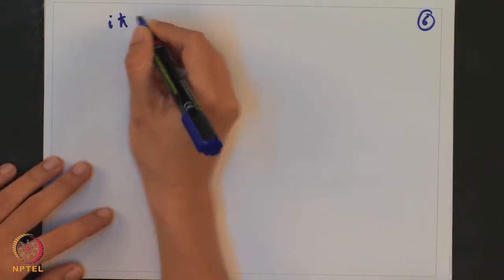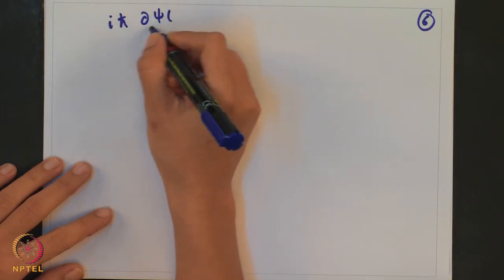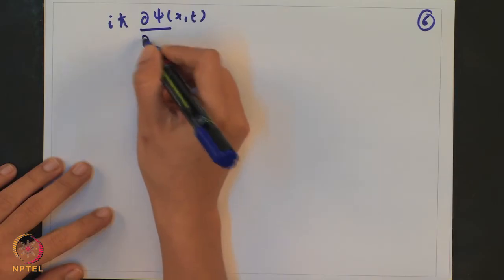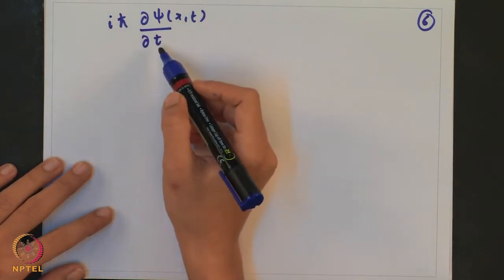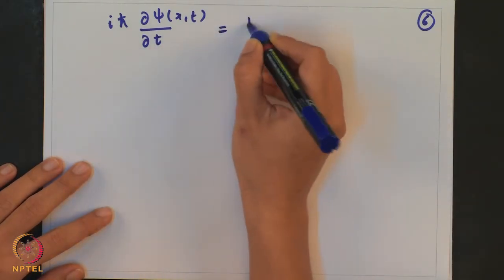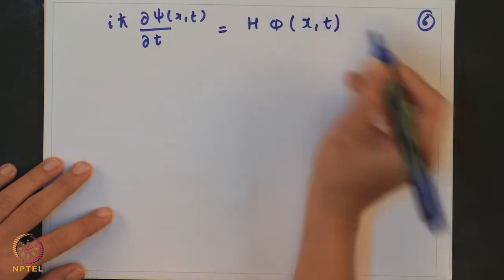We write it as i h cross ∂ψ(x,t)/∂t, where the right side is the energy operator, equal to Hψ(x,t).